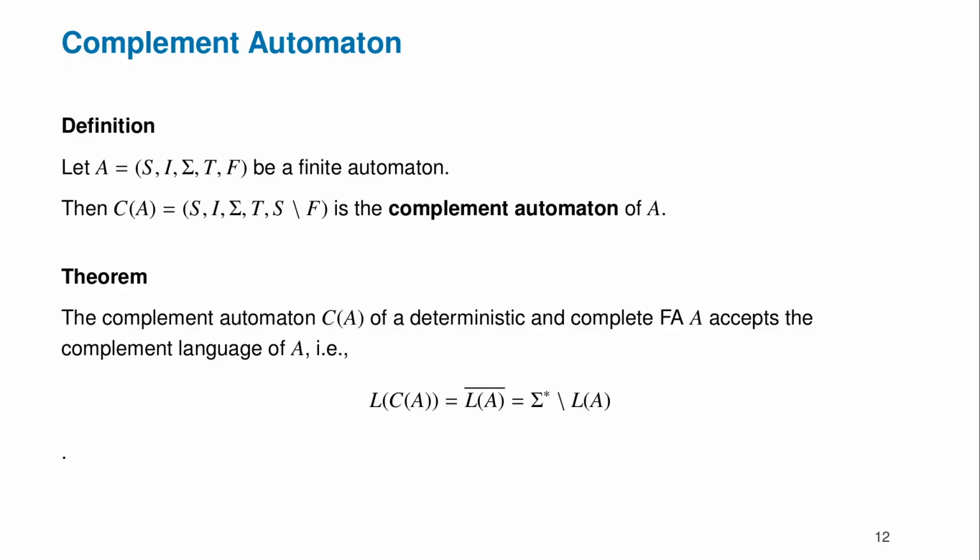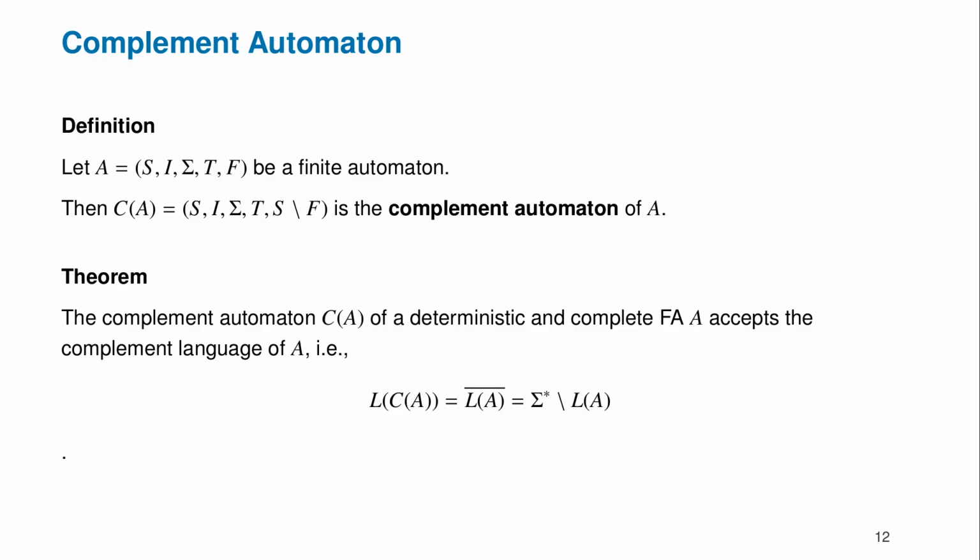We said sigma star is the set of all words, and if an automaton describes a language LA, then the complement of this language is simply sigma star without the words that are included in the language. So we have simply the words that can be constructed via this alphabet, but which are not included in the language, and this gives us the complement language.